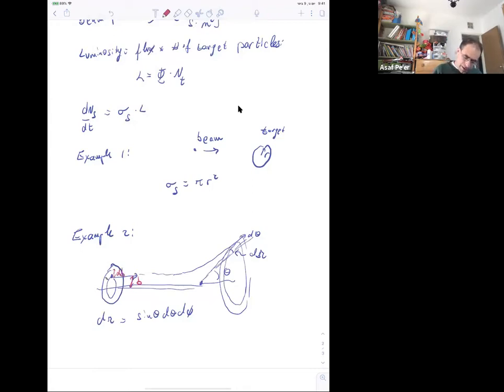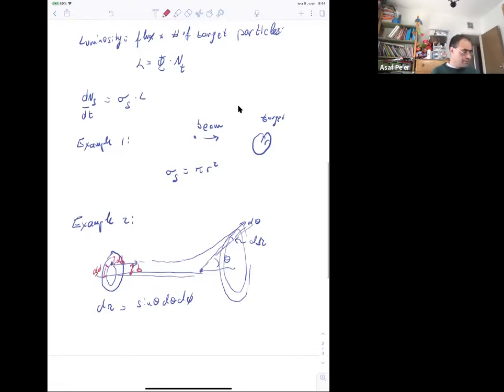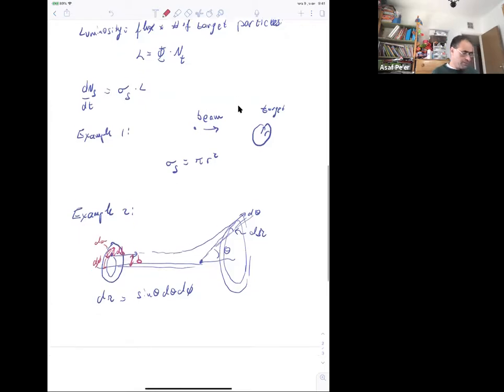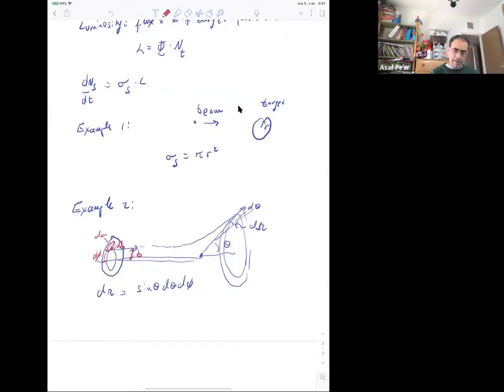And that area would be d phi. And that cross-sectional area, this is d sigma. So, classically, the scattering angle is fully determined by the impact parameter. We can carry out the calculation according to Newtonian laws.